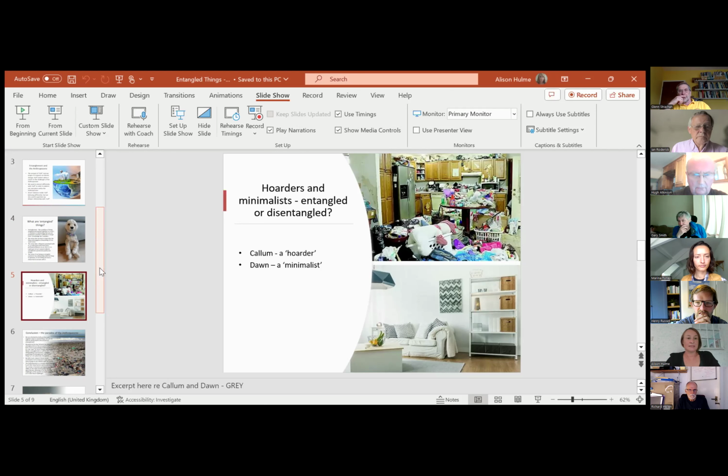There are various case studies in the book, but the one I've picked here is Callum, not his real name. Essentially, Callum's father had died when he was 12 years old, and he says he had never really got over his father's death.